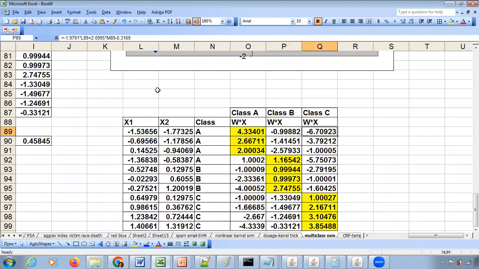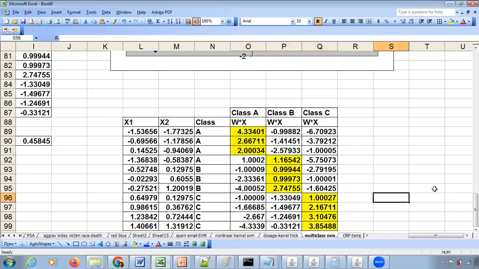Similarly here, hard code theta 1, 3.2212 times L89, plus theta 2, 0.3504 times M89, which is X2, plus the B, which is negative 1.1383. So that's hard coded theta 1, theta 2, and B. And once you do that for one, you can just copy and paste for the other data points.